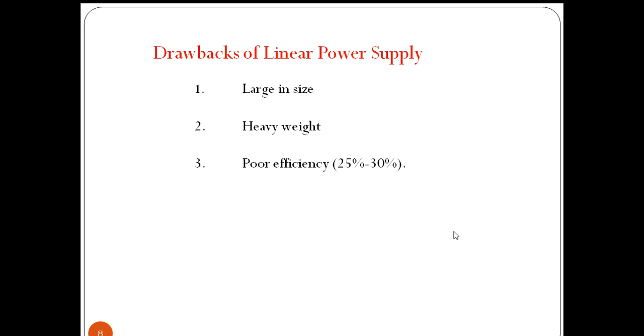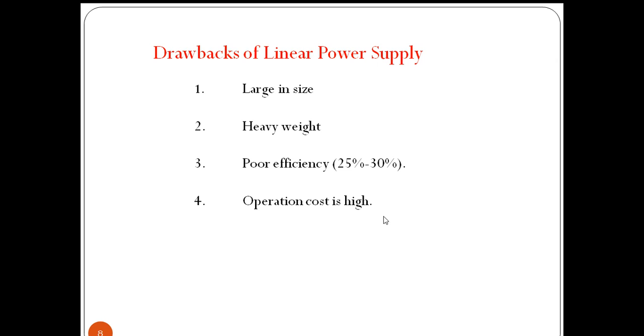The drawbacks of linear power supply are: it is large in size, heavier in weight, poor efficiency, and operation cost is high. So it has more disadvantages as the circuit is becoming bulky, size is automatically heavy, and weight is also heavy.